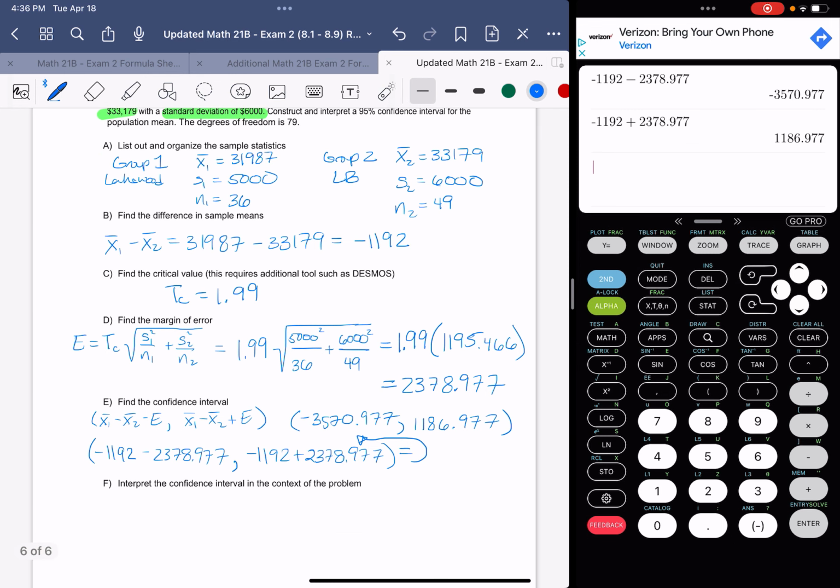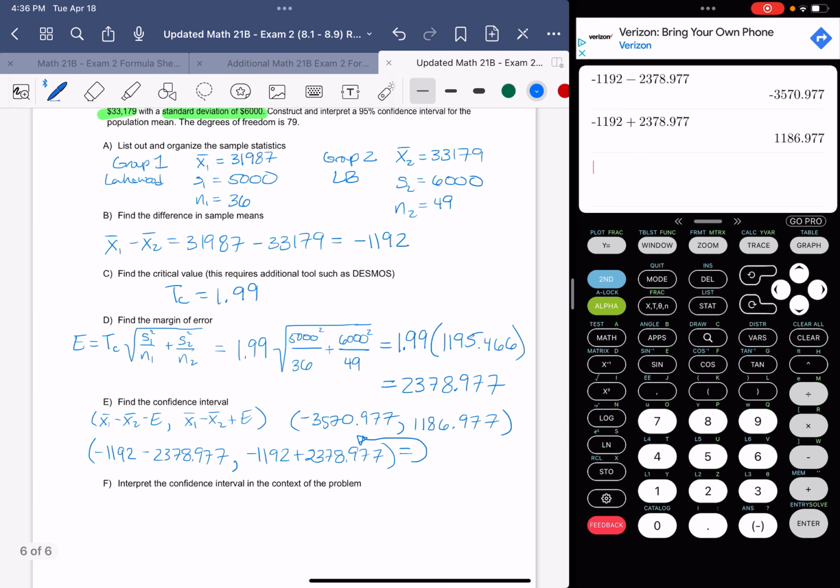All right, so part F, interpret the confidence interval in the context of the problem. What was our confidence level again? 95, thank you. So we are 95% confident that the population difference, or if you want to, you can also say the mean difference, because that's what we were doing here, right?